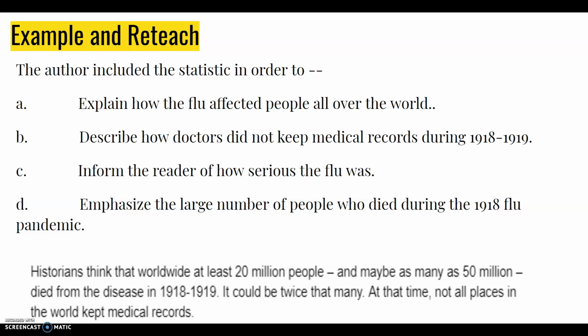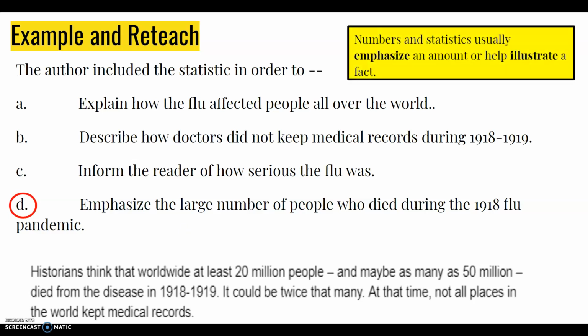So again, we need to go back and think. When an author is using numbers, the author's purpose is typically to emphasize. Therefore, D would have been the right answer. So when you see numbers, the author's purpose is typically to emphasize or illustrate. And I want you guys to remember that when you go into your independent practice and exit ticket today.